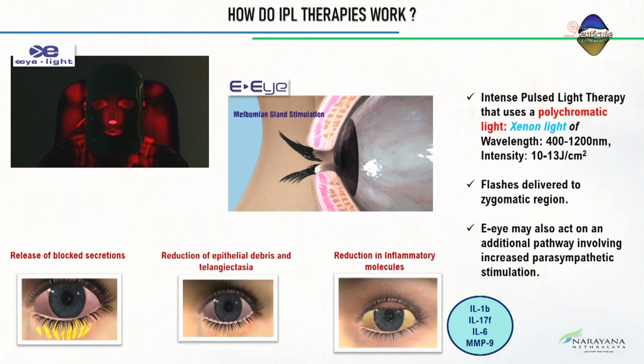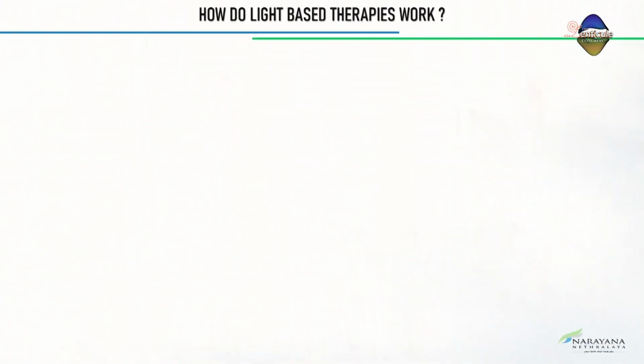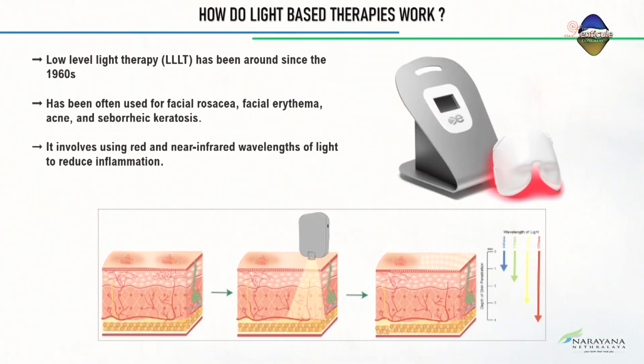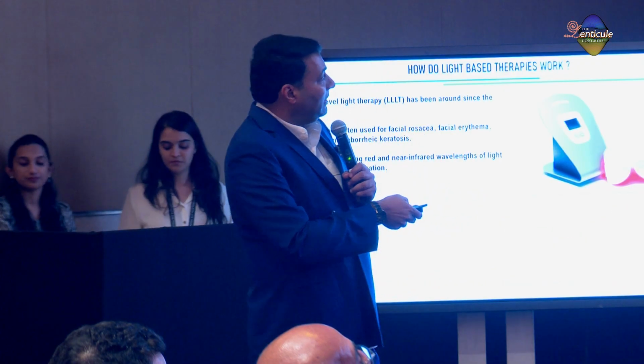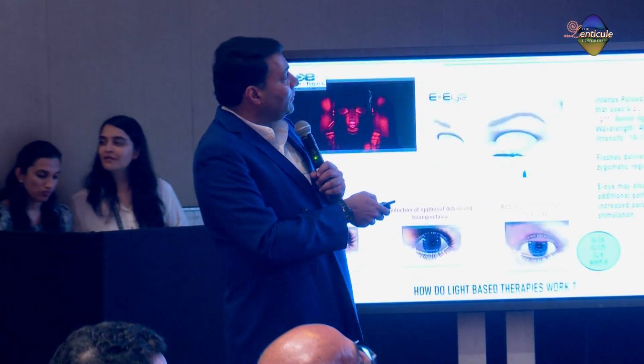EI works on stimulating some meibomian nerves of the meibomian glands. There is photomodulation from iLight also. So when you look at photomodulation, these companies work on the vasculature. That's why they've been used a lot in dermatology for acne, rosacea, and other things.